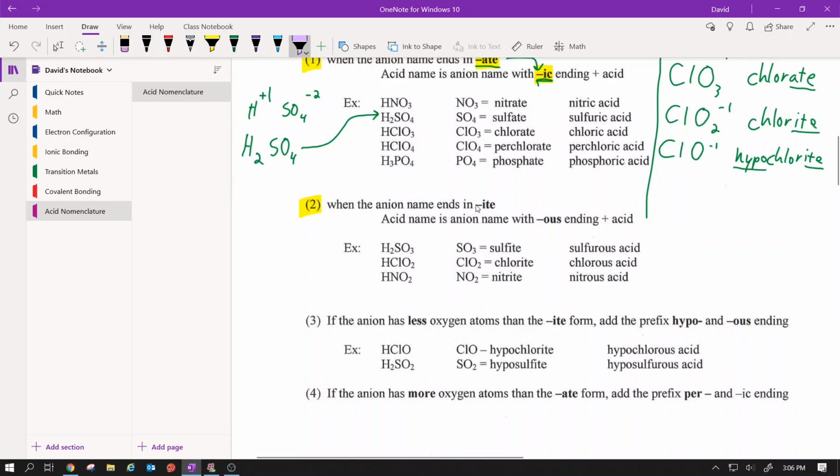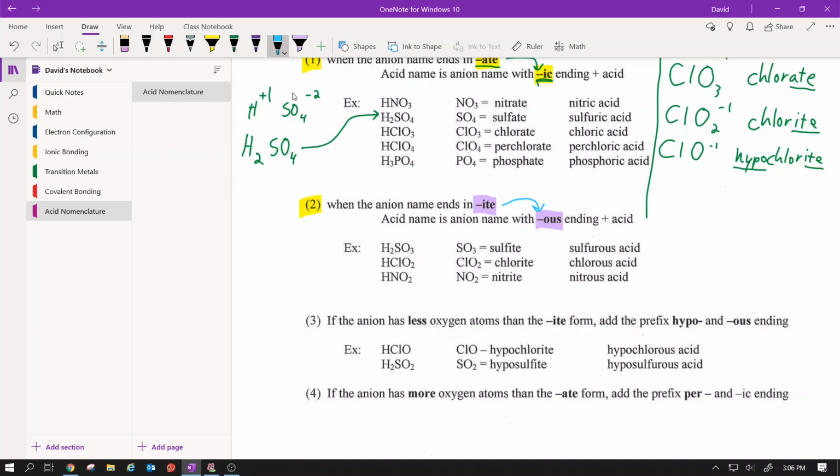All right, now if it ends in ite, then we will change that ite to ous. This is the way that I remember this: I say it's an itis, like some sort of disease. And so I always just, ate-ic, I just have to remember, but itis is the way that I remember the other part.